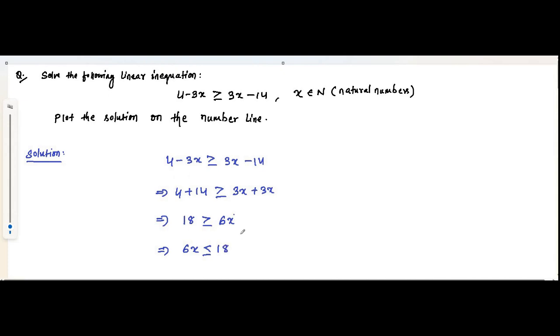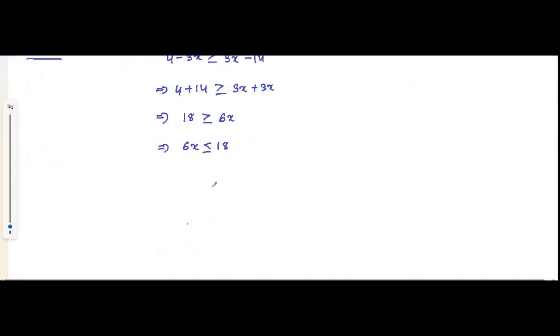Now we'll divide both sides by the same positive number which will not affect the inequality sign. So by 6 by 6, we have x is lesser than or equal to 3. Okay, so this is the solution of the given inequation.